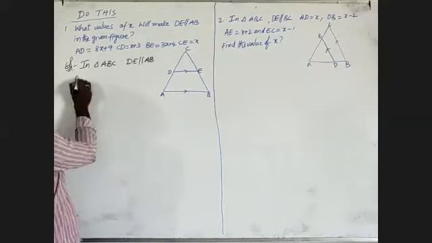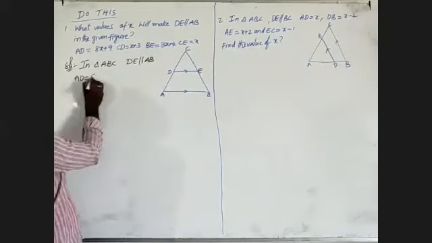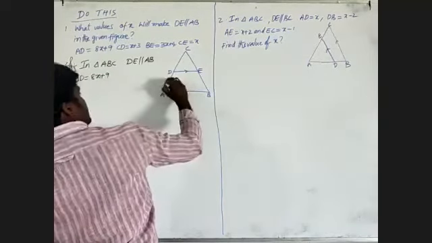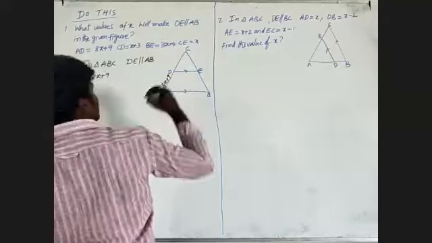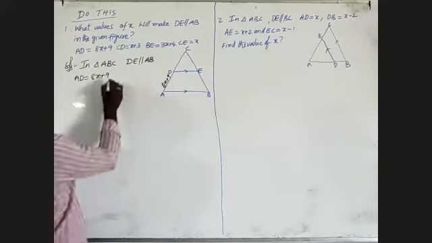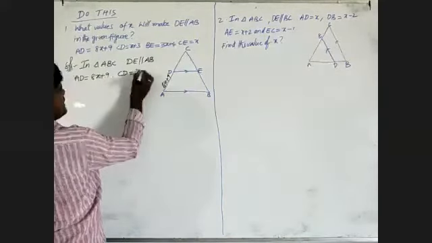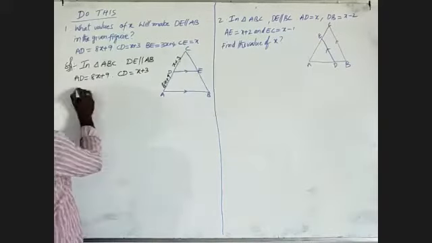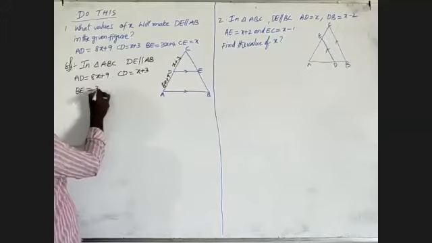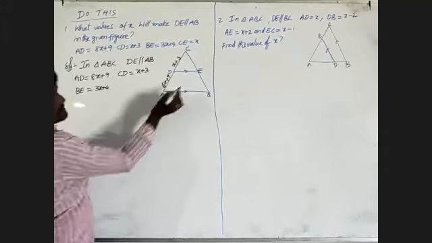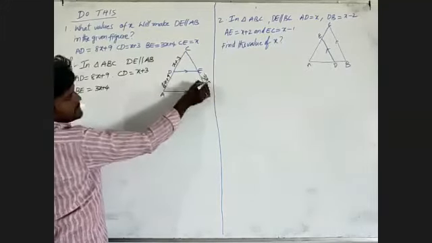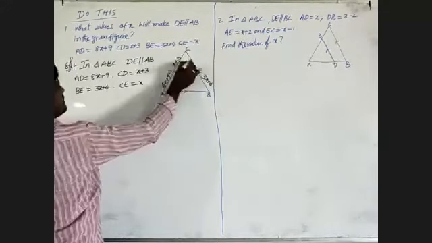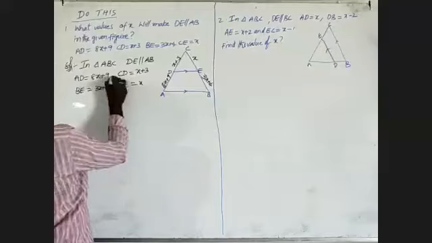And the given ones are, where AD is 8x plus 9. The distance between A and D will be 8x plus 9. After that, we'll take C and D. CD is equal to x plus 3. This is the length x plus 3. After that, BE is equal to 3x plus 4. This is the distance between B and E, 3x plus 4. After that, CE will be x. The distance between C and E is x.